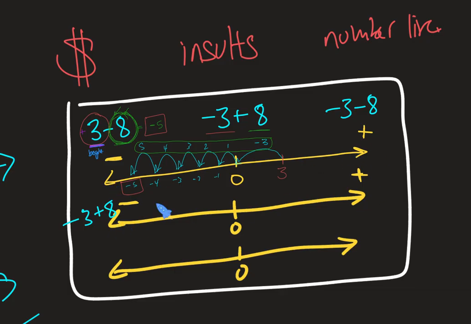You draw a line, you put some arrows on the end, a 0 in the middle, or somewhere between these 2 arrows, okay? We start at -3. Well, that's over here, right? And what we're going to do next is we're going to go in the positive direction, 8. So this direction is positive, and I believe you know that, right?